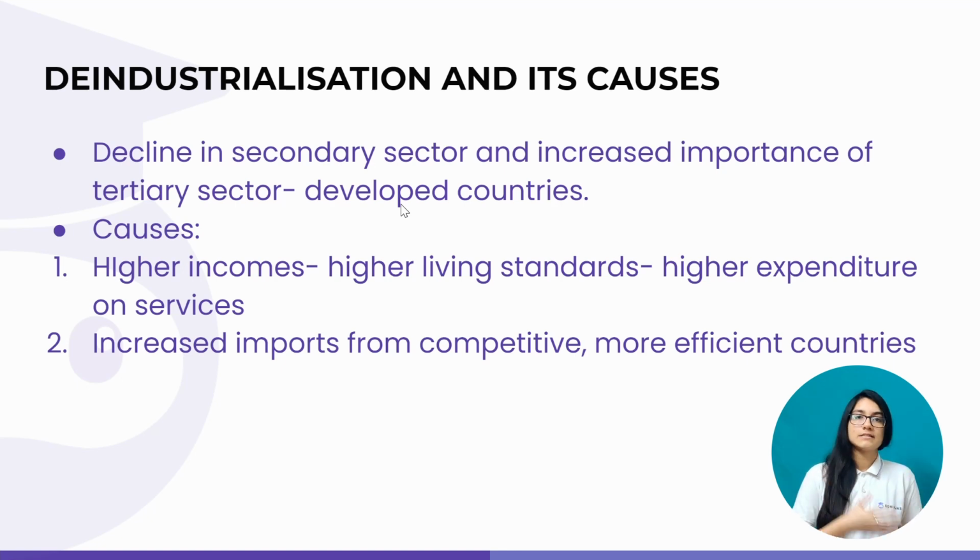This can be because these other countries are taking advantage of cheaper labor, more raw resources, etc. Hence, an economy might start importing more of these products from other countries because they're cheaper, and hence the importance of the economy's own secondary sector declines and the economy moves on to much more expenditure on the tertiary sector.